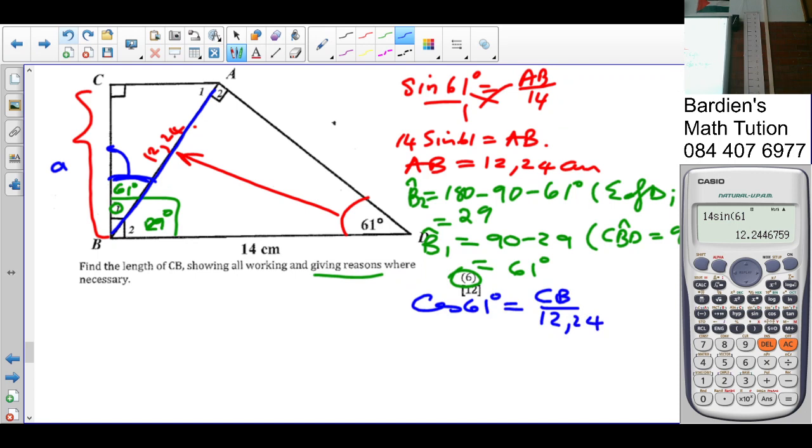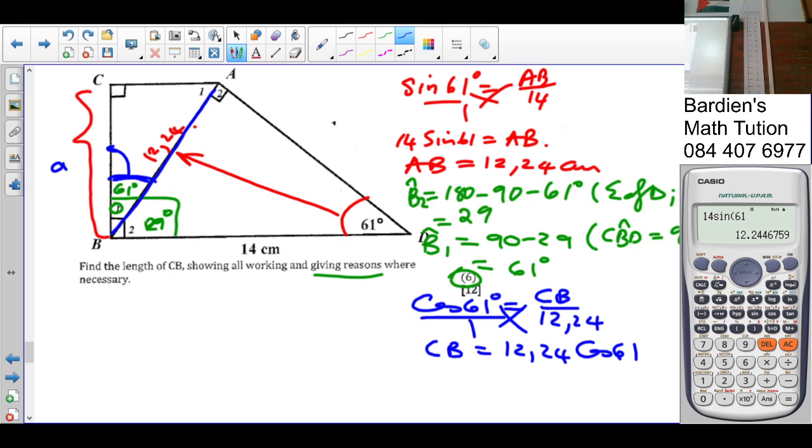You guys understand? What do we do now? Put it over 1 and cross multiply. So it's going to give you CB equals 12,24 cos 61.